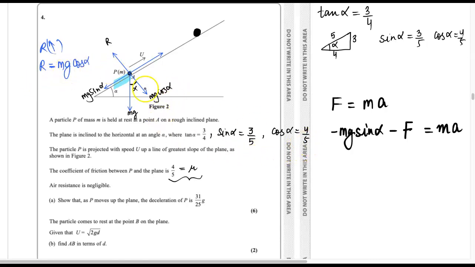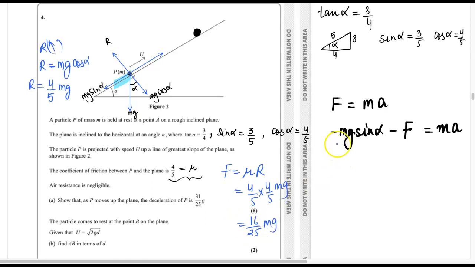So cos alpha is 4/5, so R is actually 4/5 of mg. When we talk about this frictional force, F is equal to mu R. So we need R, that is why we just resolved it first. So mu is 4/5 of R, which is again 4/5 of mg. That's giving us 16/25 of mg.